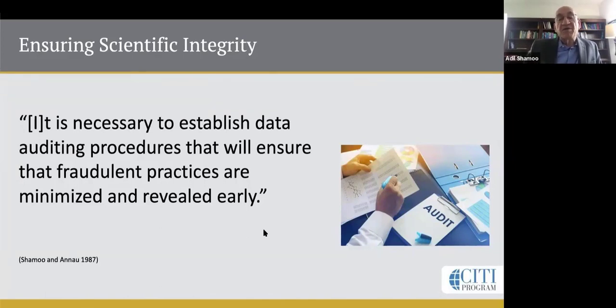At the maximum, some of them wait 10 years to find out, and some of them never get audited or reproduced in any shape or form. So if eventually there is the development of a drug to give to tens of millions of people, wouldn't it be worth 1% of the cost of that drug trial to be audited by an independent group? And the fact that we published that, by the way, is when I started the journal, Accountability in Research.